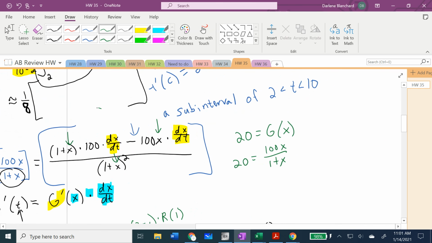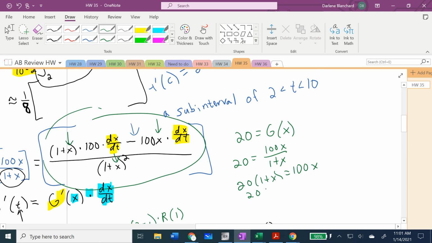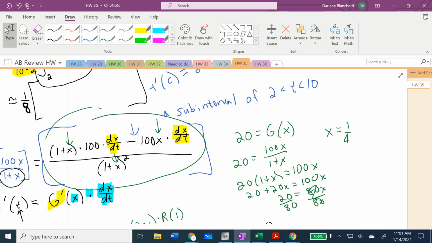Once we find X, it's just a matter of plugging them all in, and you've got an answer. So I'm going to multiply both sides by 1 plus X, distribute my multiplication over my addition, subtract 20x, and then divide by 80. And that will reduce to 1/4, as long as I didn't mess up my arithmetic.